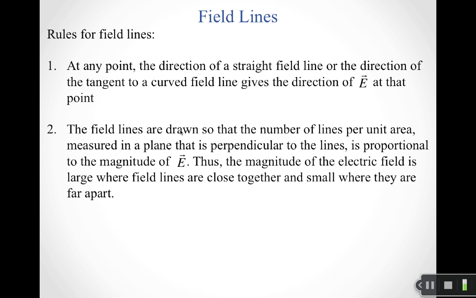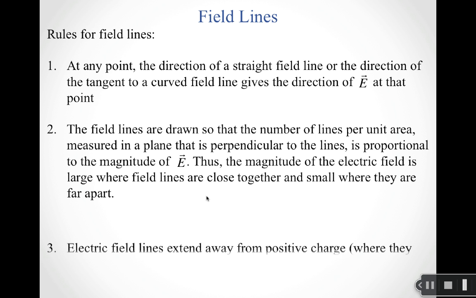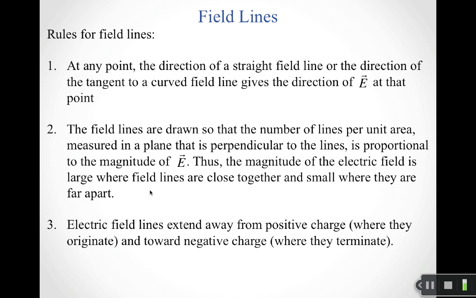In regions where the field lines are relatively clumped together, that's where the field is strong. Where the field lines aren't clumped together at all, that's a region where the field is weak. So how close together or far apart the field lines are indicates the magnitude of the electric field.